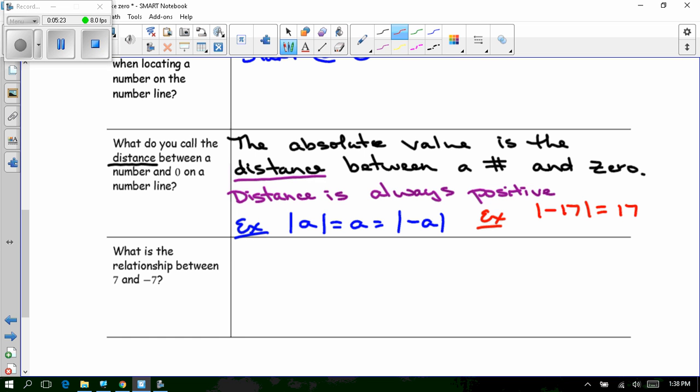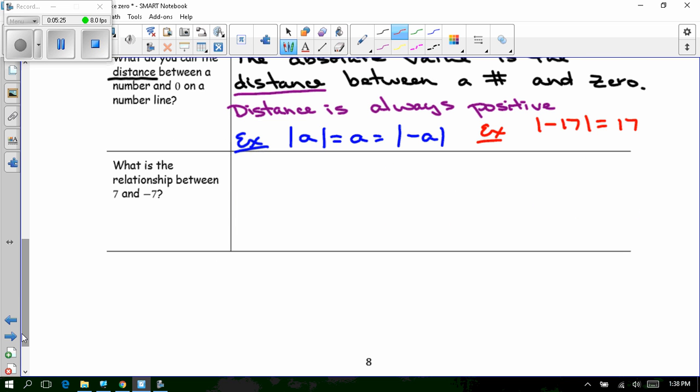All right. Now, the next question says, what's the relationship between 7 and negative 7? Well, 7 and negative 7, they're opposites, right? One's positive, one's negative. They're opposites.